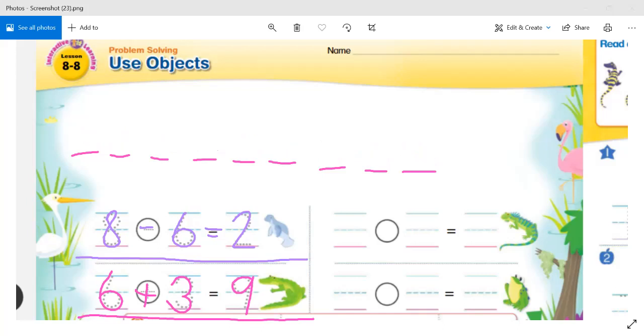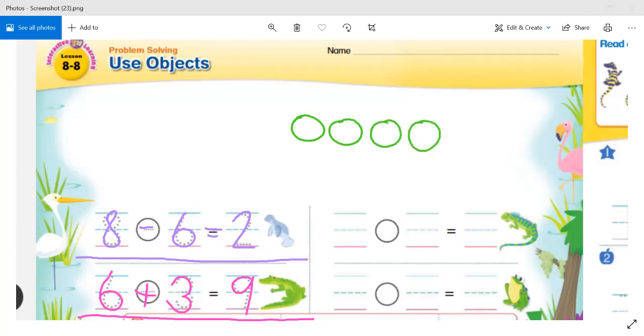All right, let's do another problem here. Let me erase all of this. 4 iguanas are in a tree. 1, 2, 3, 4. 4 iguanas are in a tree.